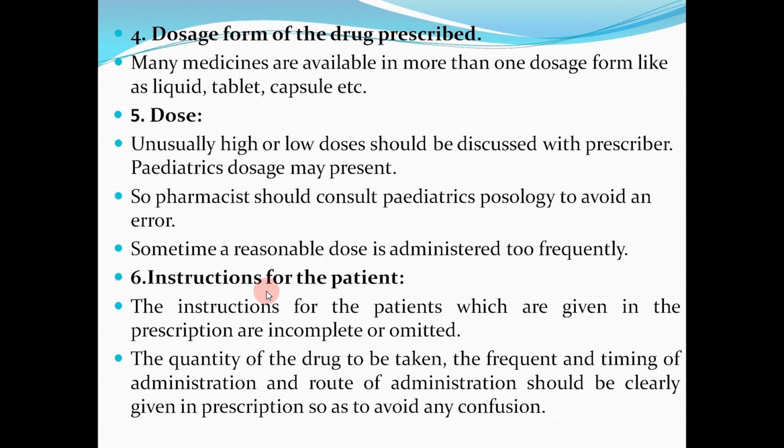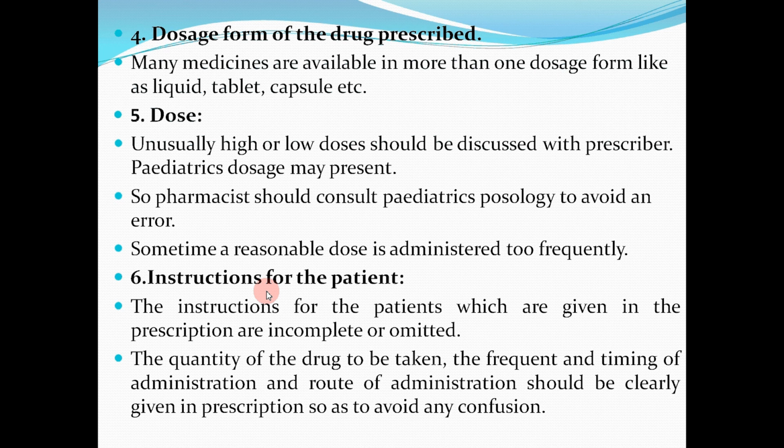Next is the instruction for the patient. The instructions for the patient which are given in the prescription may be incomplete or omitted. Whatever instructions are given by the physician, if these instructions in the prescription are incomplete or omitted, what will happen? The patient cannot understand easily, and confusion may take place.